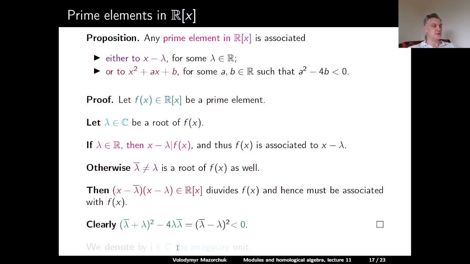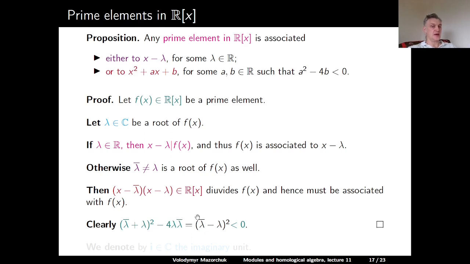The polynomial (x minus lambda)(x minus lambda overlined) has the following form. So it's x squared minus 2 times the real part of lambda times x plus lambda times lambda overlined. So our condition a squared minus 4b should be negative should read now as (lambda overlined plus lambda) squared minus 4 times lambda lambda overlined.